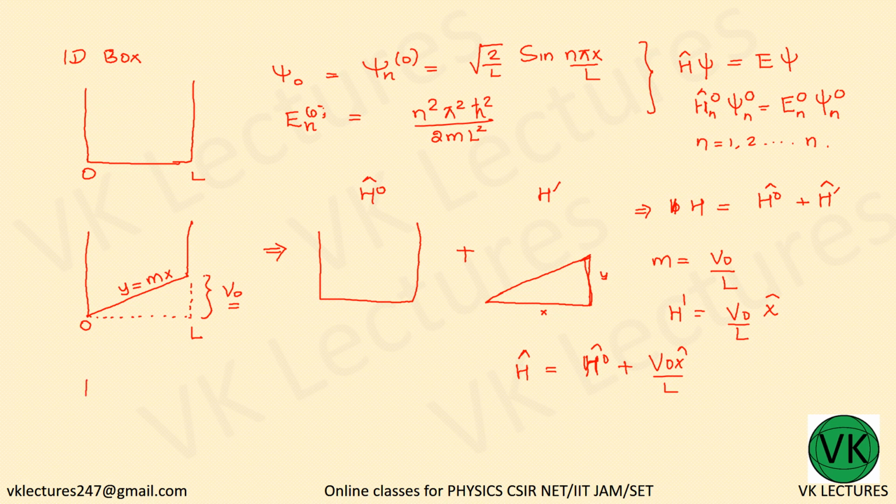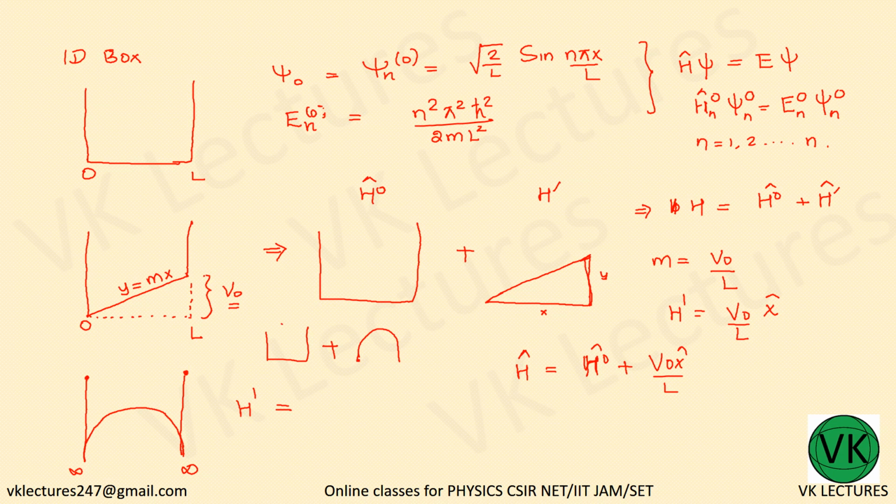Similarly, if we have a Hamiltonian of the 1D box, something like this, at this point you have the infinite potential, and over it is not having the shape of a straight line, but it is a circle, semicircle. So the Hamiltonian will be like this plus this, right?